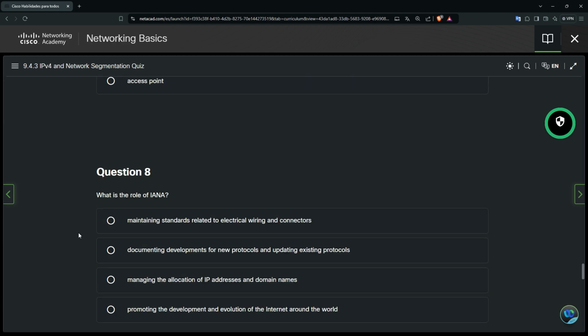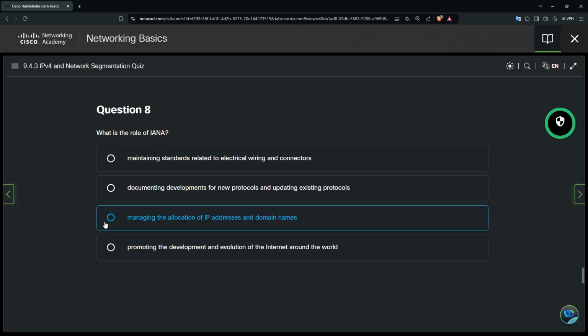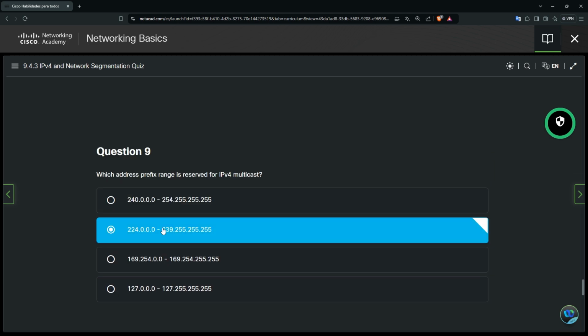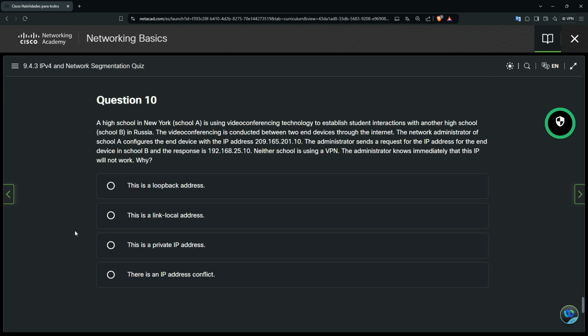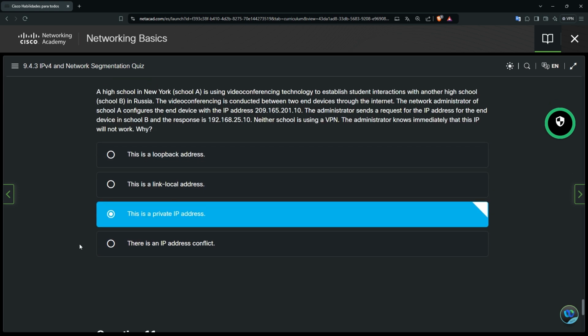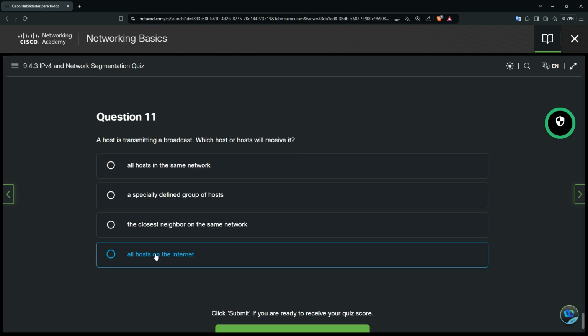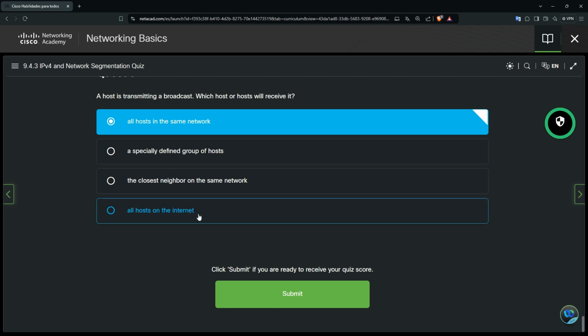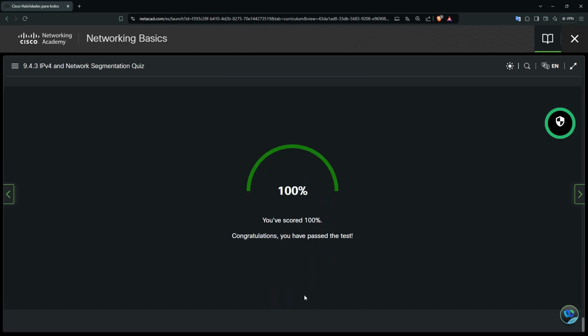This is a router. Managing the allocation of IP addresses and domain names. Okay. And this is a private.